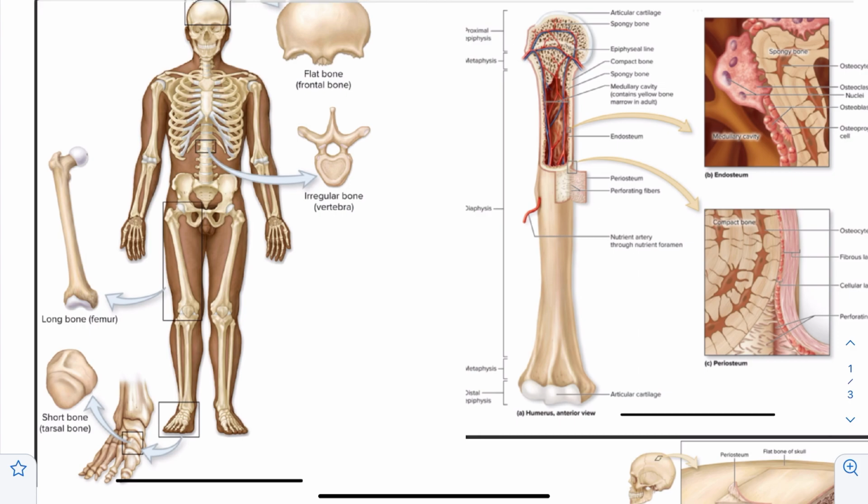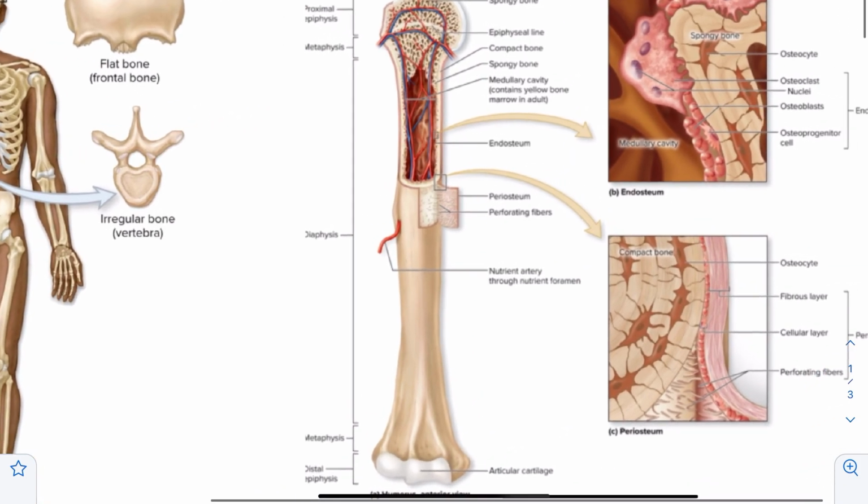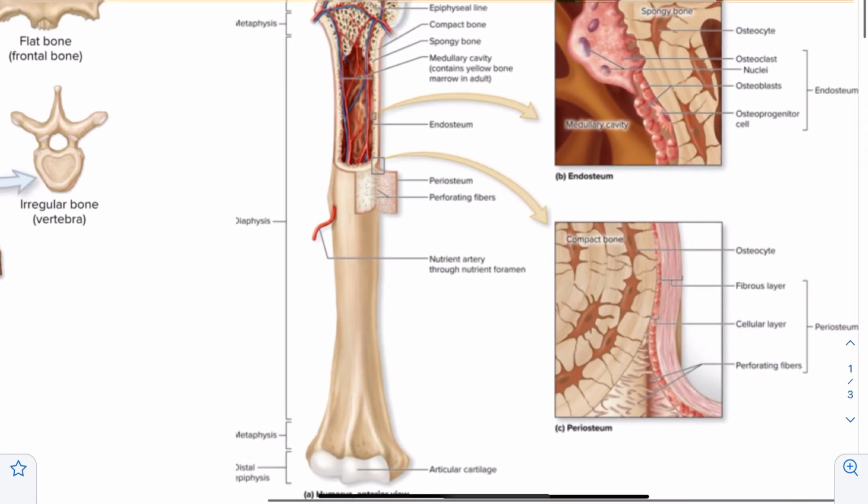So because the long bone is kind of the classic bone, I'm going to go over the anatomy of the long bone first on a more detailed level. So we have different regions of this bone. The ends are called the epiphyses. Epi means on top. And there's one on the bottom too, but they're at the ends. Those rounded out parts are called epiphysis, singular, epiphyses, plural.